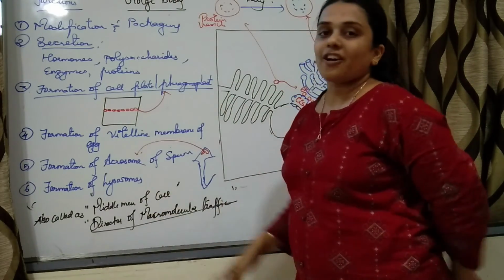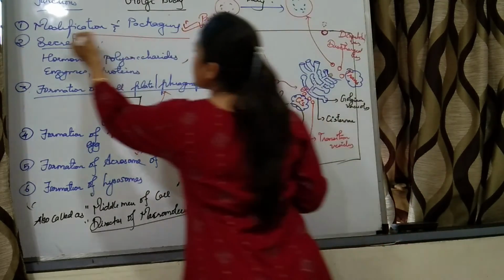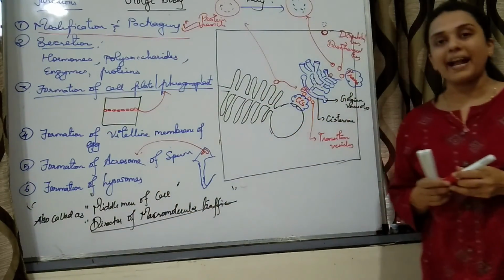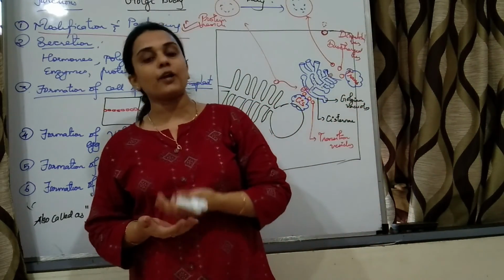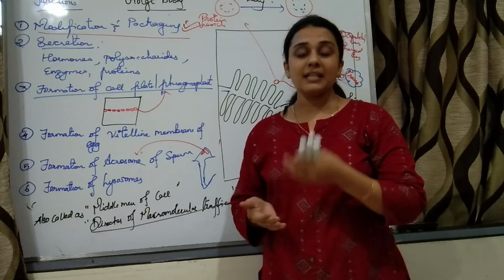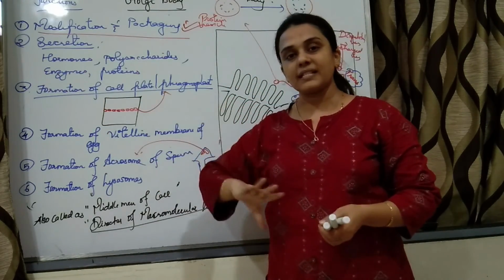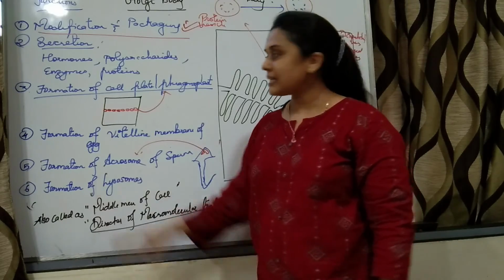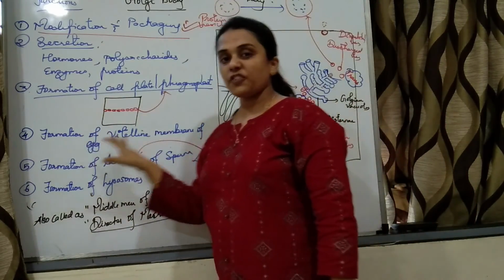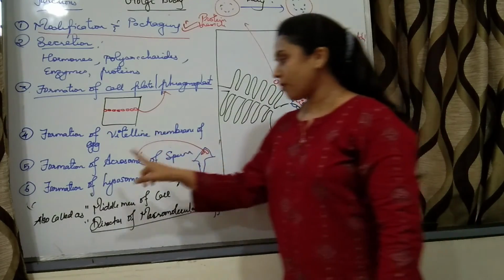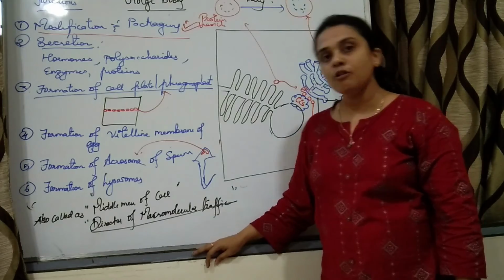So all of these are the functions of the Golgi body. The most important function is modification and packaging. The Golgi body is involved in formation of glycoproteins, glycolipids, phospholipids and lipoproteins. It is involved in secretion of hormones, enzymes, proteins and polysaccharides, formation of cell plate or phragmoplast, formation of the vitelline membrane of the egg, formation of the acrosome of the sperm and formation of lysosomes.